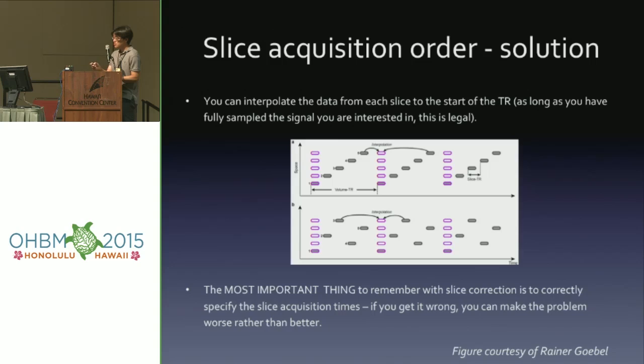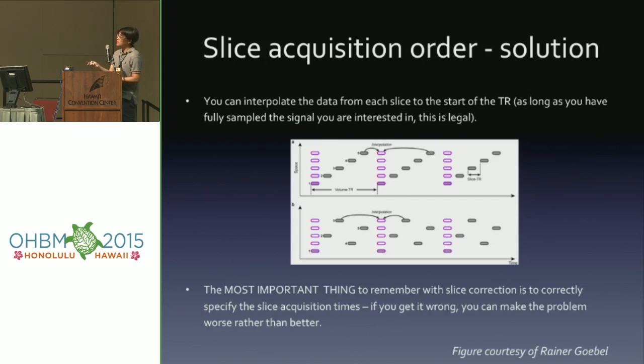Let's first start. Here I'm giving you two very commonly used acquisition orders. One is called ascending order, the other is called interleaved order. You can see the purple circles indicate ideally how these 5 slices are supposed to be taken, at time 0. The black circles indicate in the real case how they are taken.